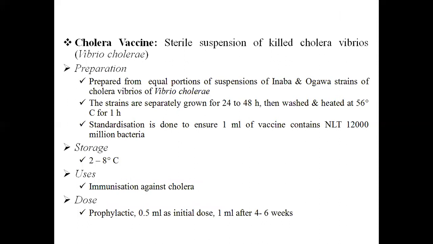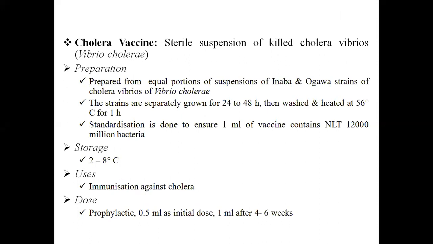The cholera vaccine is generally a colorless, whitish or slightly colored opalescent liquid, and it is a sterile suspension of killed cholera vibrios, or Vibrio cholerae bacteria.